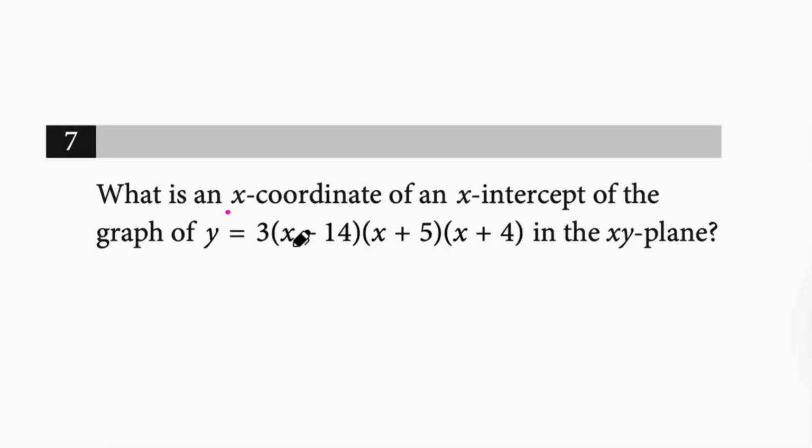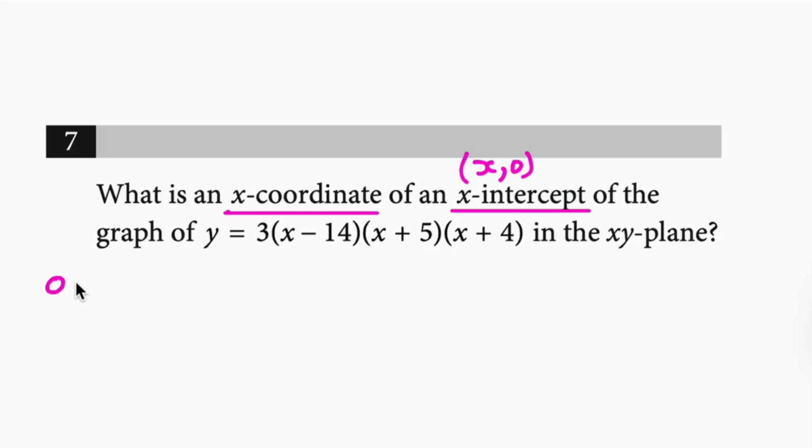Question number 7. What is the x coordinate of an x-intercept of the graph of this function in the xy-plane? X coordinate. This is really important, how we write our answer. Let's see. Whenever it is about x-intercept, we put y equal to 0. X-intercept means some value of x and its y is 0.